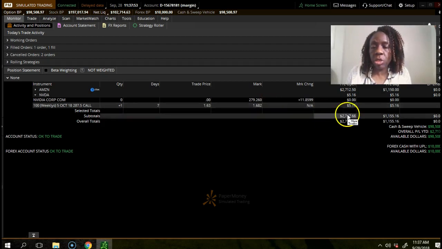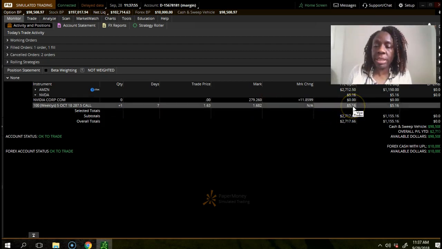Right now, the market price is $1.68, so we've made $5. If we keep watching it, that particular stock is going up. As the price of the underlying, which is the stock, goes up, the price of the option goes up.